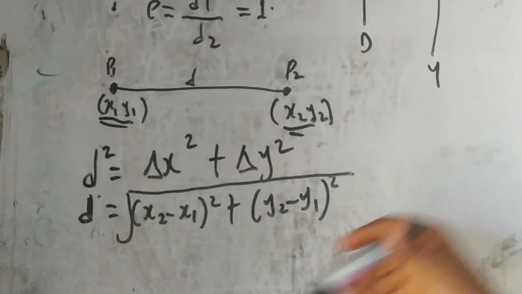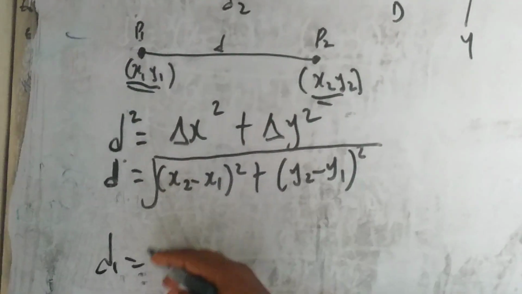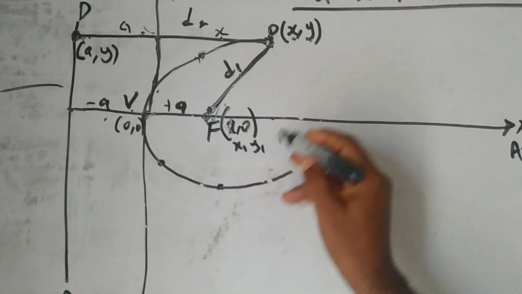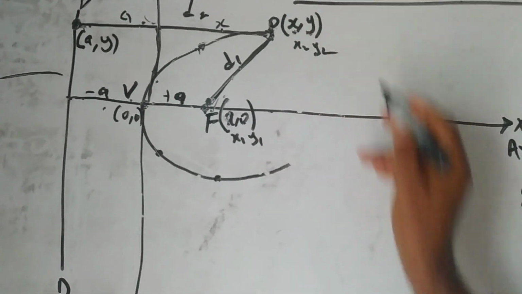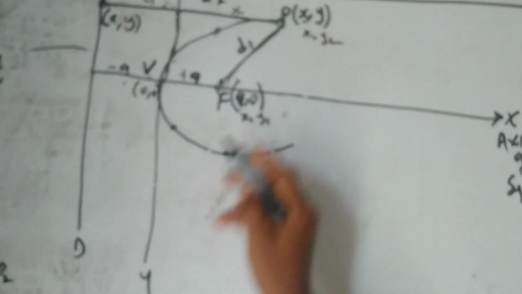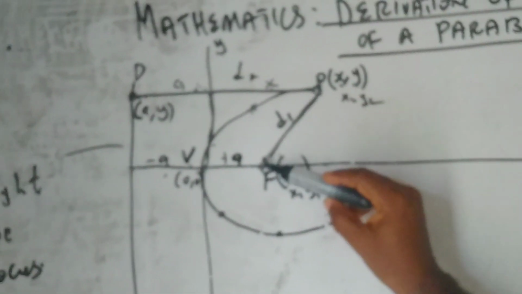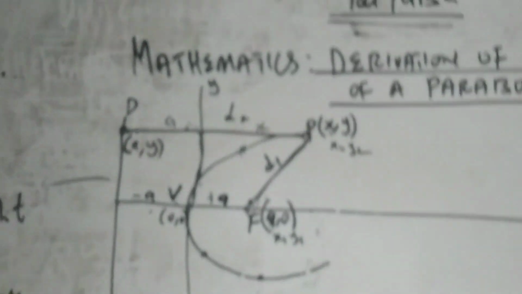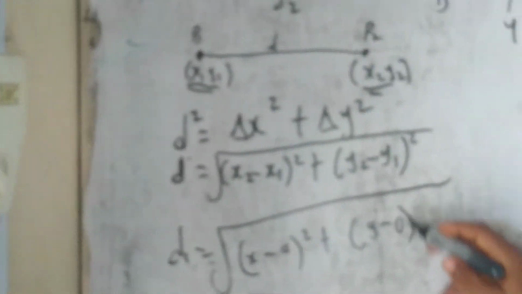So my d1 will be the square root of, if this is my x1, y1 and this is my x2, y2, then I have x2 minus x1, which is a, so x minus a, squared, plus y2, which for this place is y, minus y1, and y1 will be 0, squared.